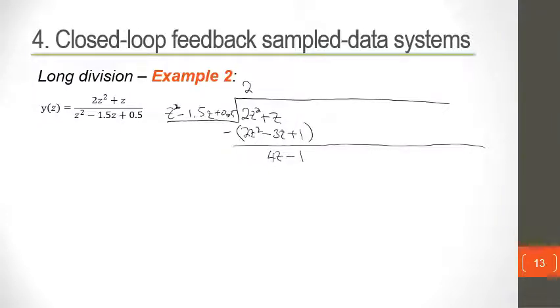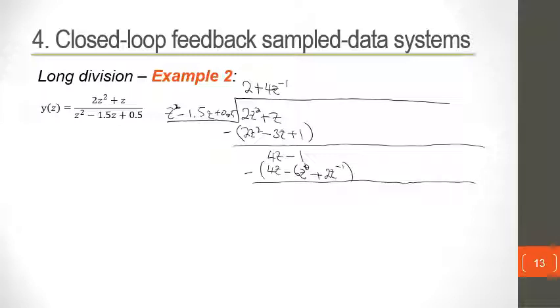Then you go z squared into 4z, that would give you 4 times z to the power minus 1, because when you multiply that out, you get 4z, and then minus 6, but the z is to the power 0 in this case, and then plus 2z to the power minus 1, because 4 times 0.5 is 2.